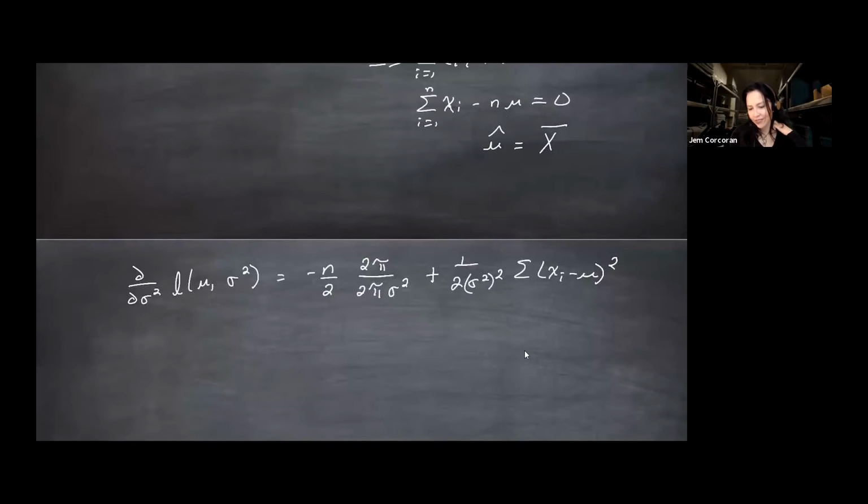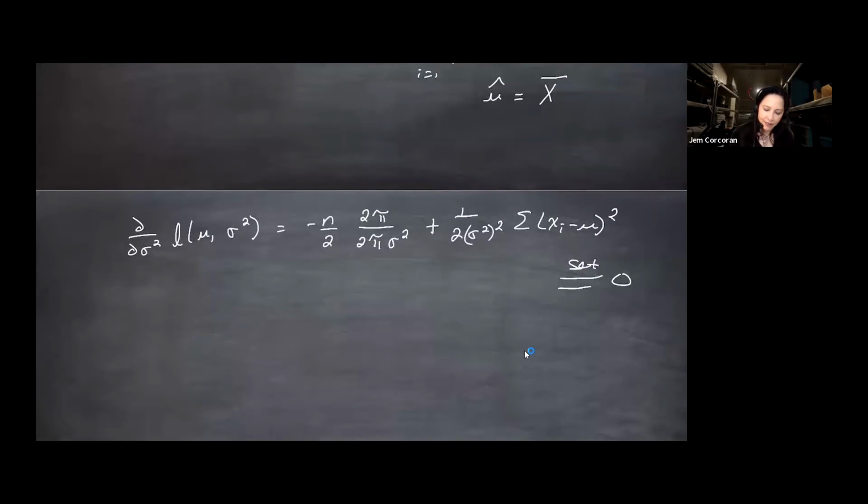Okay, all right, so set this equal to 0. And let me clean this up a little bit. I get rid of the 2 pi's.